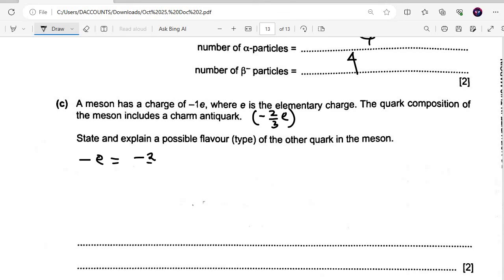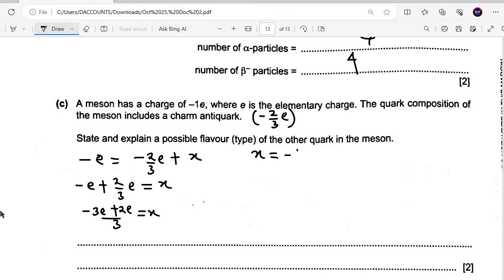One of the variables is this, so the other variable to give me minus e is unknown. It's simple. Minus e plus 2/3 e will give me the other variable. So minus 3e/3 plus 2e/3 gives x. In this case, x is minus 1/3 e.